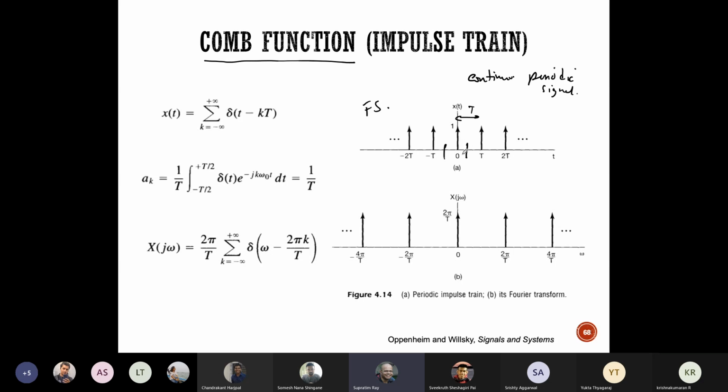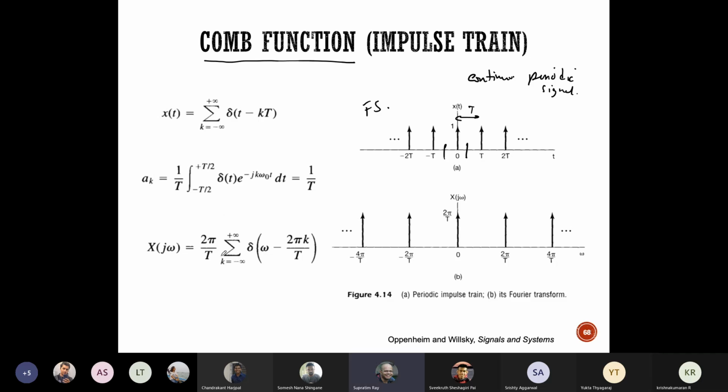So there's a single delta function there, right? And irrespective of what the value of k here is, the integral, because the delta function is sitting at 0, is just the value here at 0, which is 1. So this integral is just 1. So the coefficient is just 1 by T for all k's.